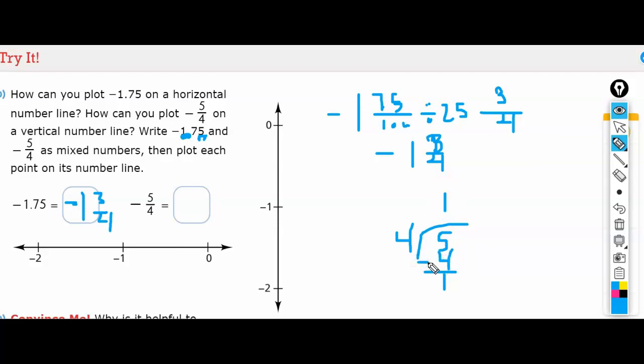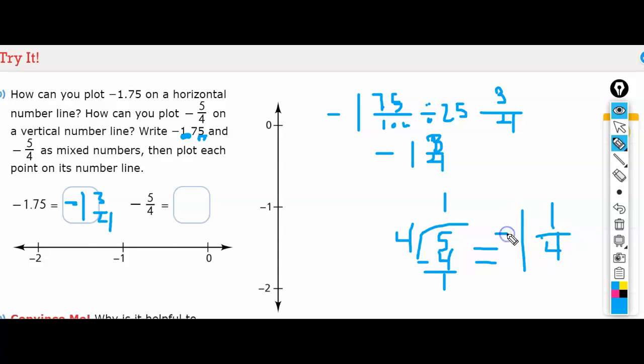Subtract, and then the 1 becomes your whole number, and then 1 over, and our denominator stays the same.